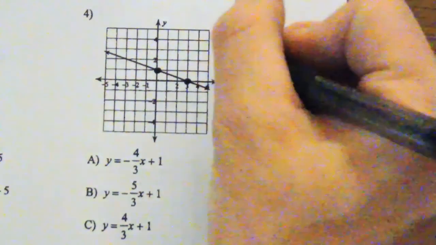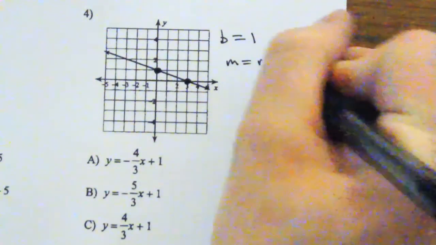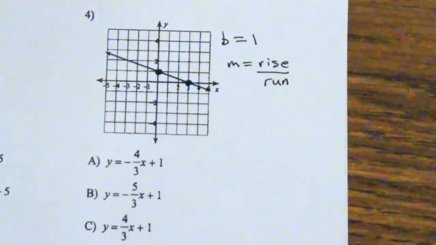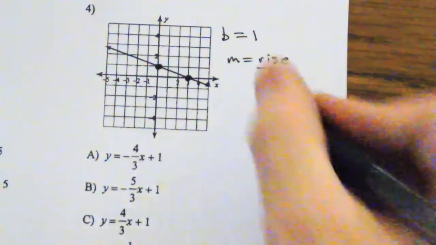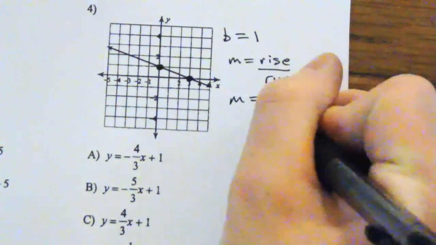So now my slope is going to be rise over run as usual. And I need to figure out how far up or down I need to go to get to the next point. How far down do I need to go? 1. So my rise is going to be -1 since I'm going down. Because I'm going down, my number is going to be negative.